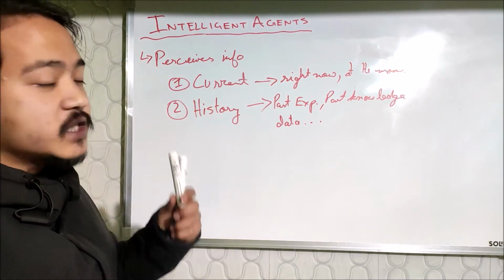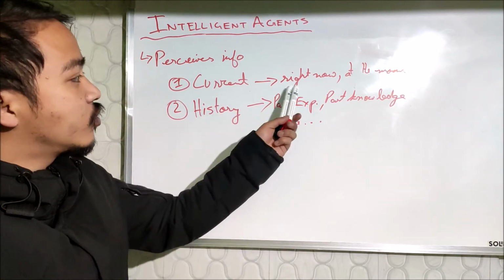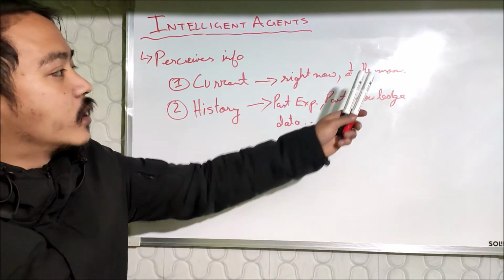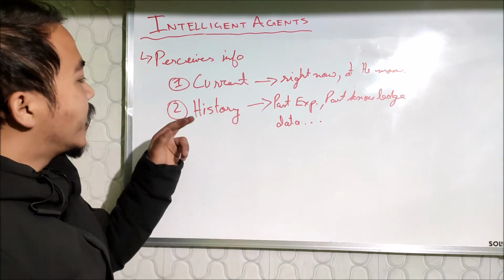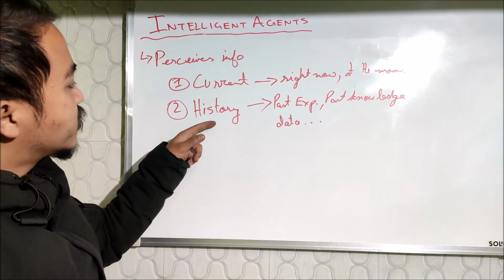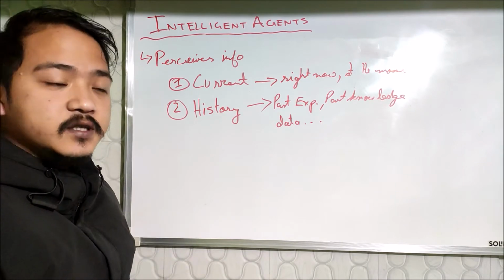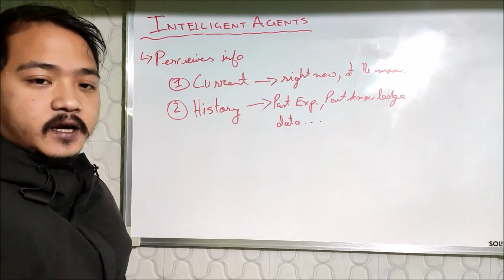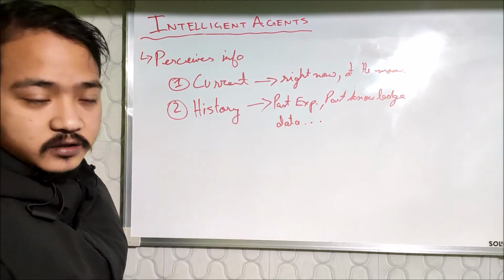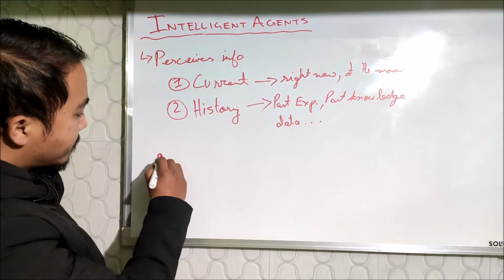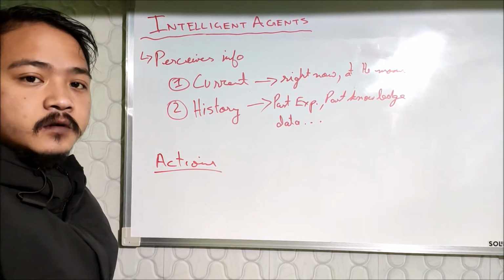So these agents perceive information in two ways from the environment. On the basis of the current situation, that is what is right now, what happens at the moment. Next, it perceives information also from history. History means past experience, past knowledge and data. And on the basis of this information, it performs actions.